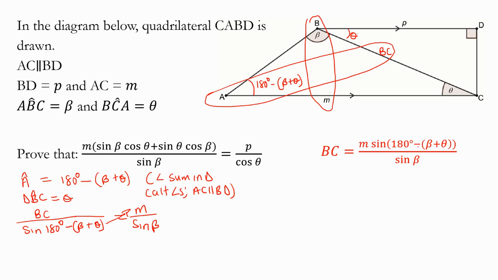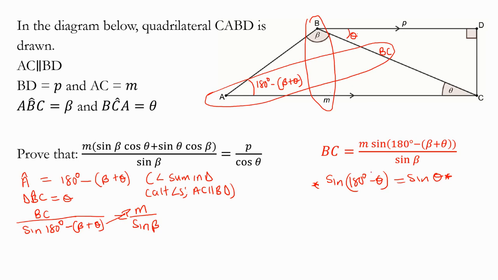But we can reduce this. Remember that sine of (180 degrees minus theta) is in the second quadrant, and is equal to sine theta. You don't need to write everything here, I'm writing because I'm explaining.